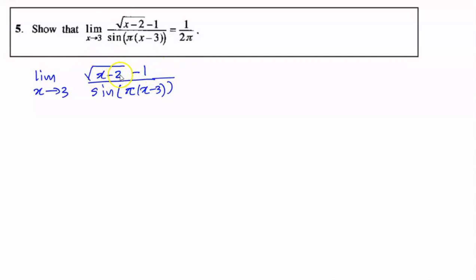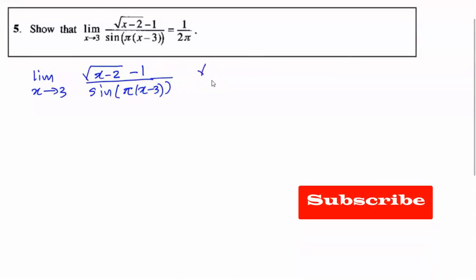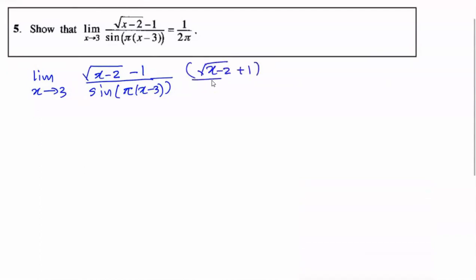If you have root (x minus 2) minus 1, the conjugate would be root (x minus 2) plus 1. So if I multiply the top by root (x minus 2) plus 1, I have to do the same to the denominator.